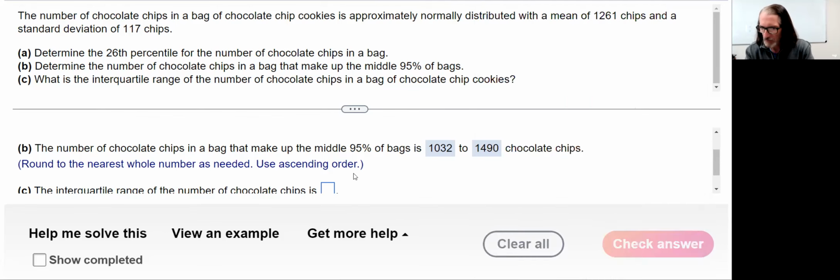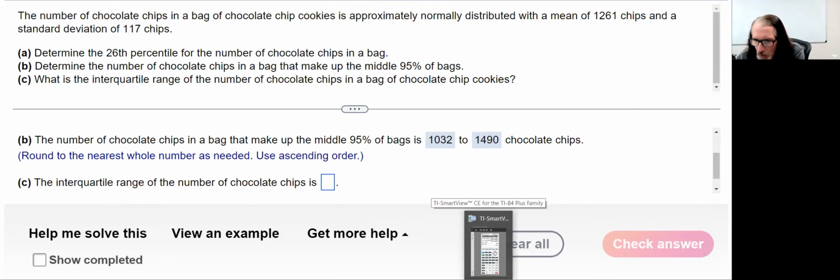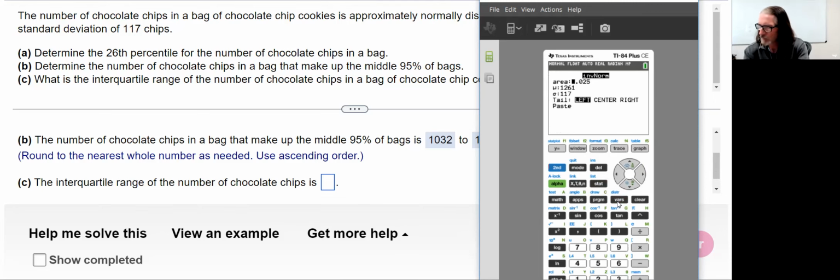Last, before we see the table, z-score, and then algebra to get x, interquartile range. We would want our middle 25%. 0.25. Same mu and sigma. Center now.